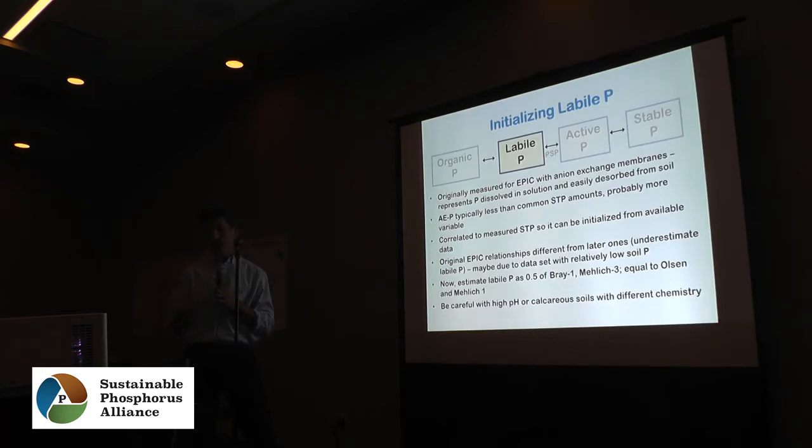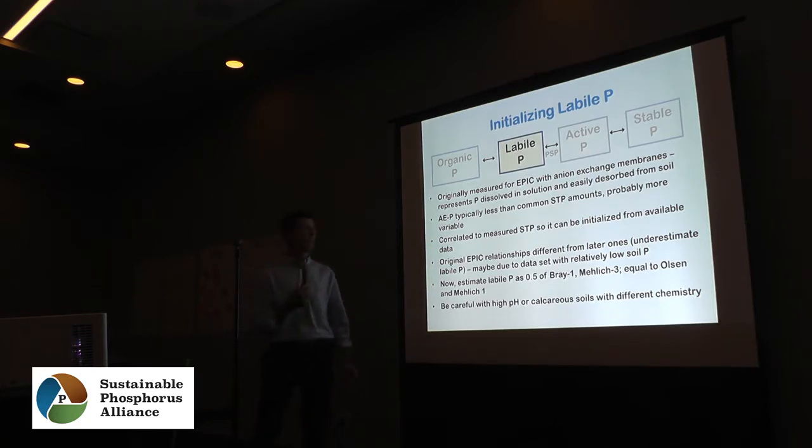The first thing is initializing that labile P. If you go back into Andrew's original papers, they measured this with anion exchange membranes, as I remember. Those membranes are designed so that you take soil, put it in a tube, and shake the tube.